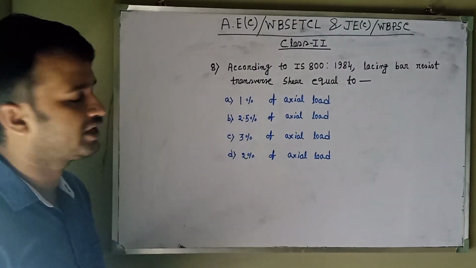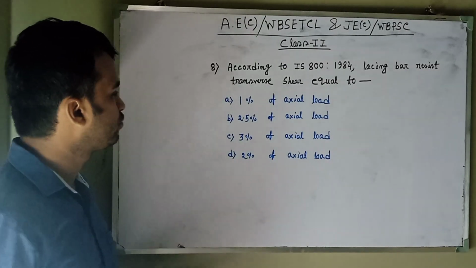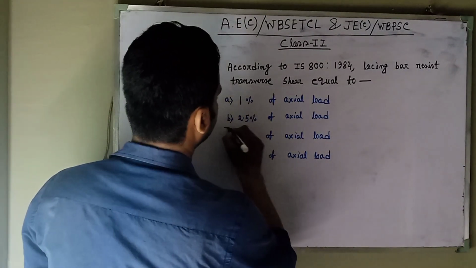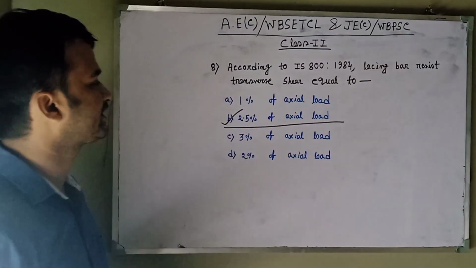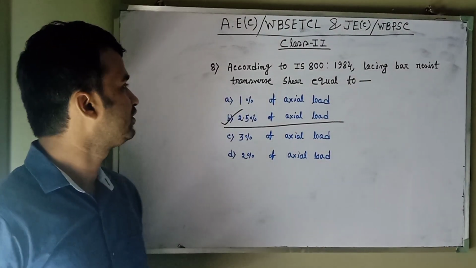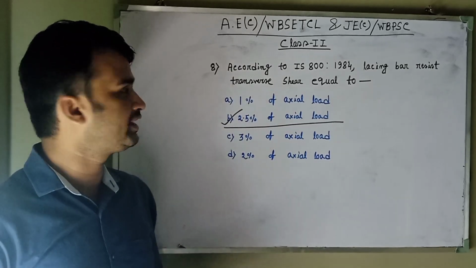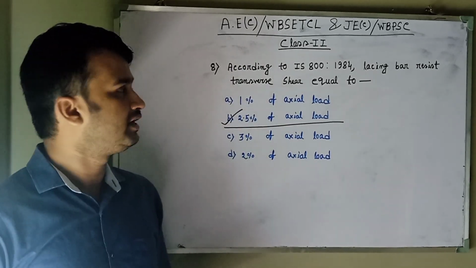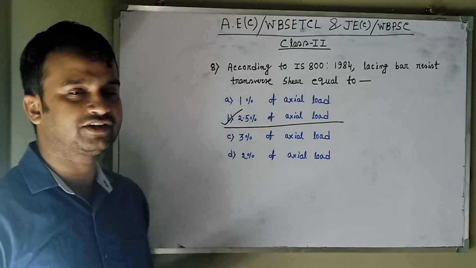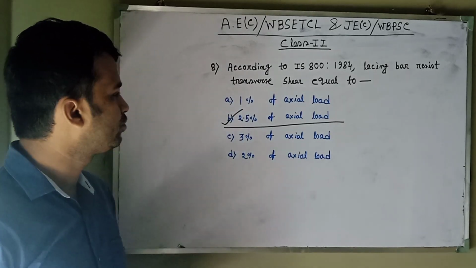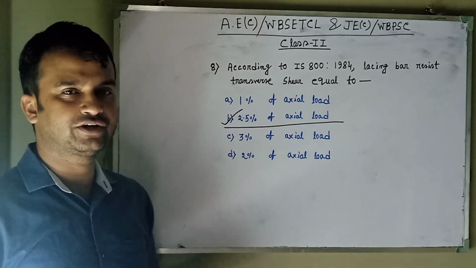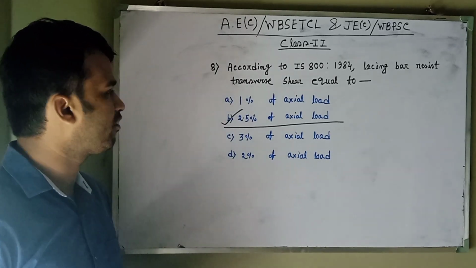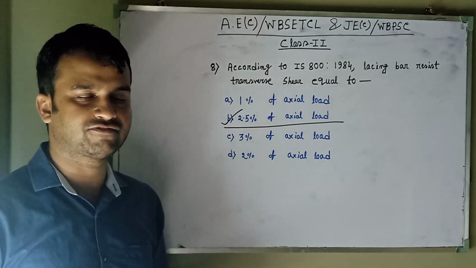So the correct answer is option B, 2.5% of axial load.